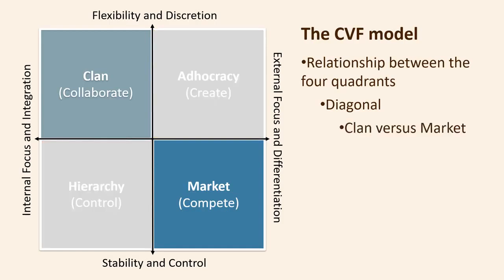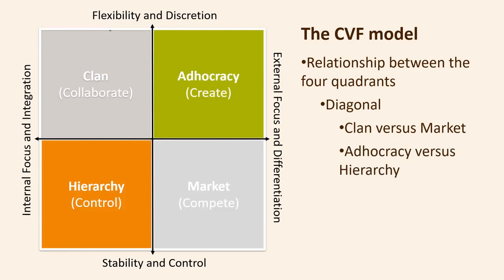The clan in the upper left quadrant identifies values that emphasize an internal, organic focus. In contrast, the market in the lower right quadrant identifies values that emphasize an external, control focus.